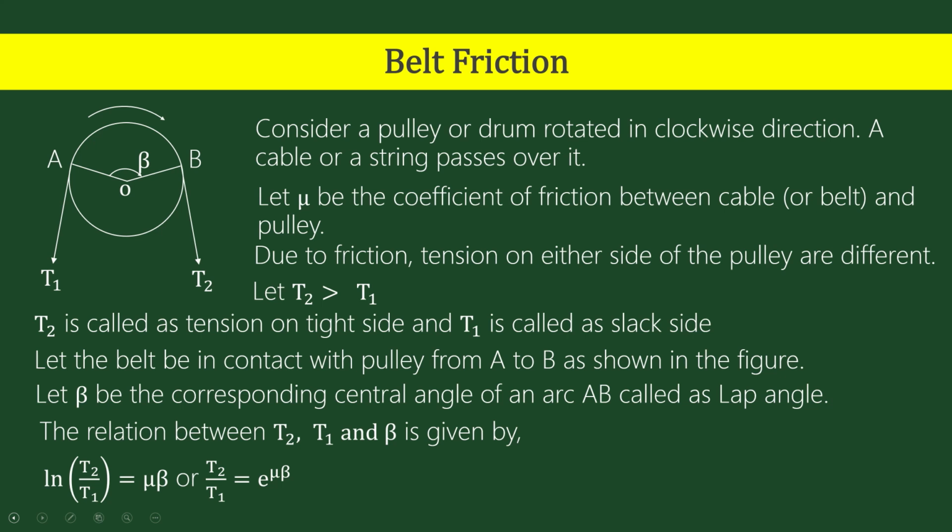It is very simple: we just have to remember the concept of the lap angle, the concept of tension on the tight side and tension on the slack side, along with the formula ln T2 upon T1 is equal to mu beta, or the other form, T2 upon T1 is equal to e raised to mu beta.